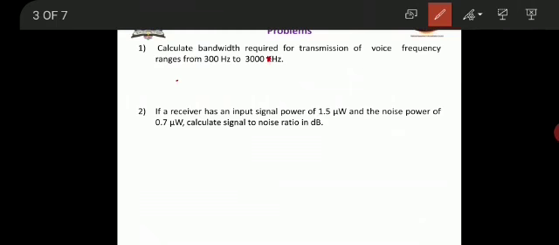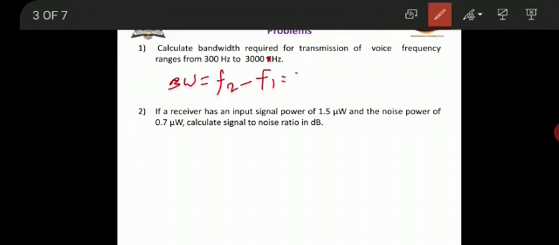As you know, the bandwidth is calculated by using the formula F2 minus F1, where F2 is the higher frequency and F1 is the lower frequency of this range.